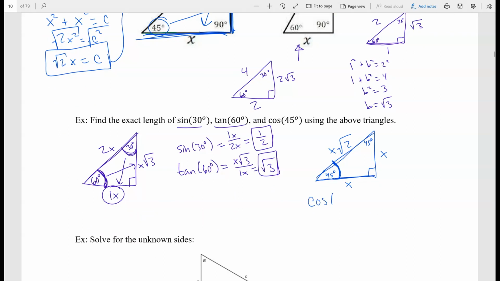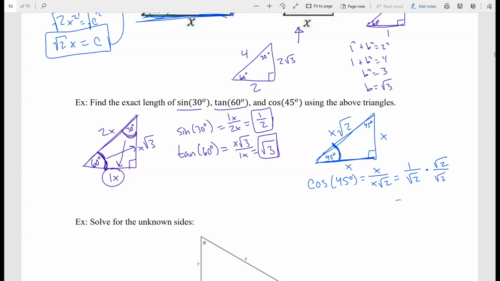So the cosine of 45 degrees gives me 1 over square root of 2. Typically, you're going to see a rationalized form of this, so I'm going to rationalize it. The way we rationalize is to multiply by the square root on the bottom. That gives me square root of 2 on the top, and square root of 4 on the bottom, which is square root of 2 over 2. We like to do this because we don't like square roots in the denominator.